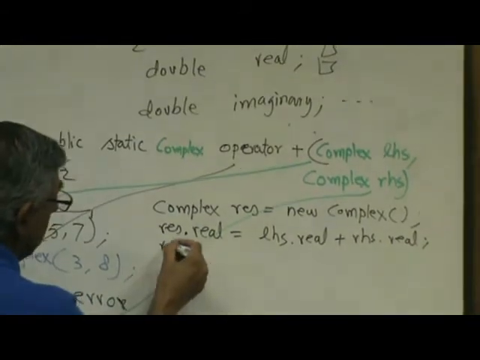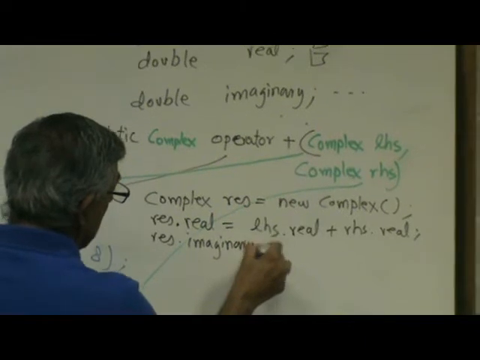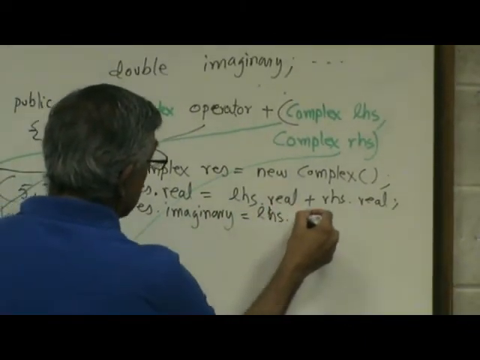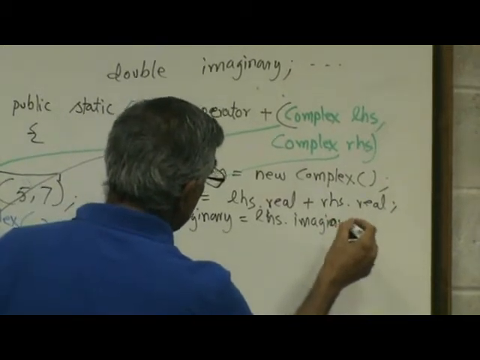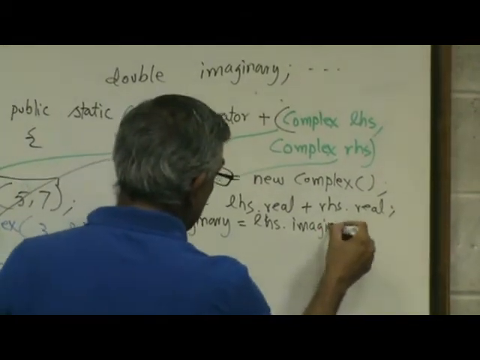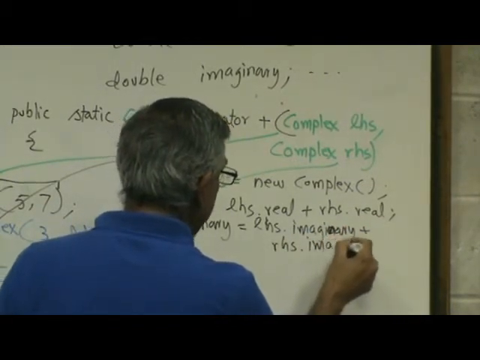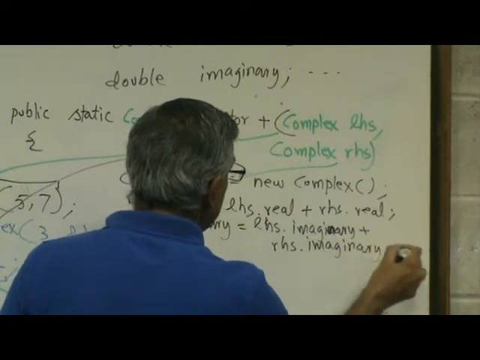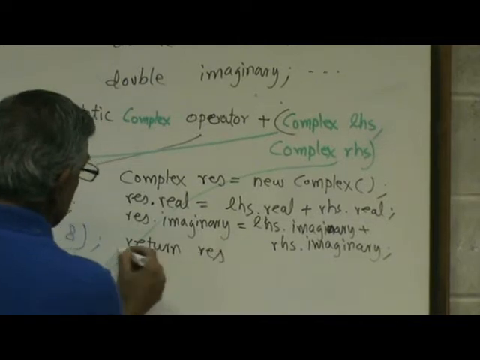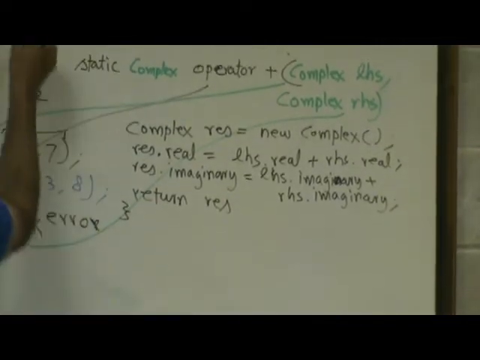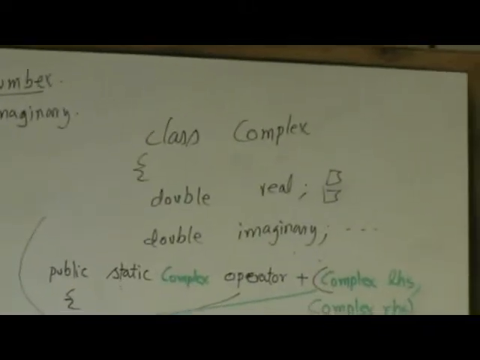So we add the two real parts, and result.imaginary will be LHS.imaginary plus RHS.imaginary. Okay, and then return the result. So this is the code in the complex class.